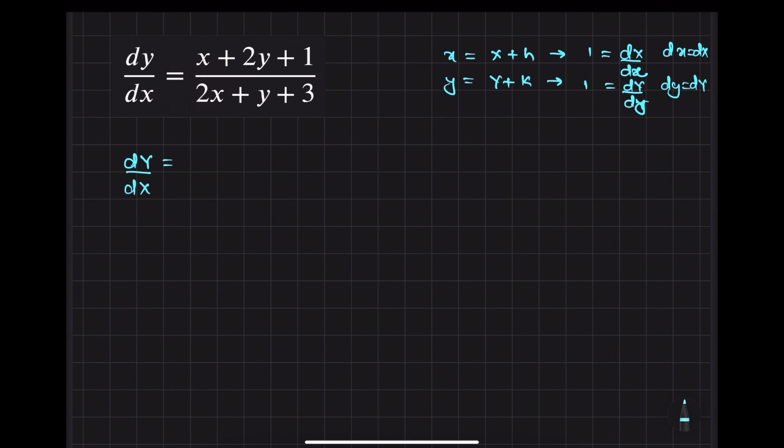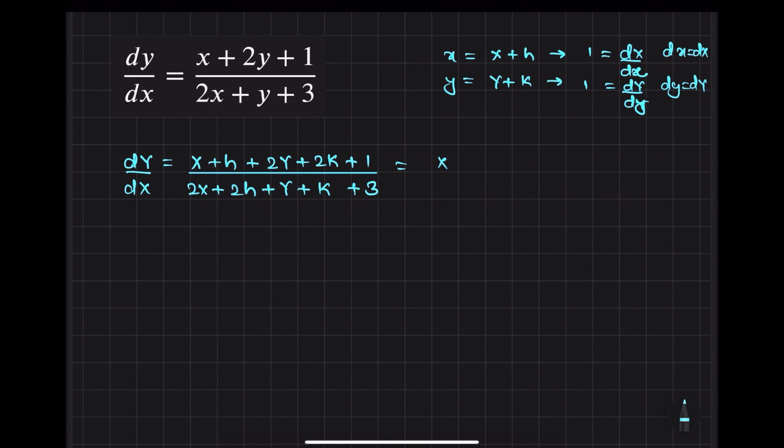Now small x can be treated as X plus h, plus, wait, this is capital Y, you have to be careful, 2Y plus 2k plus 1. Then we have 2X plus 2h plus Y plus k plus 3. Now how you have to respond, try to understand.